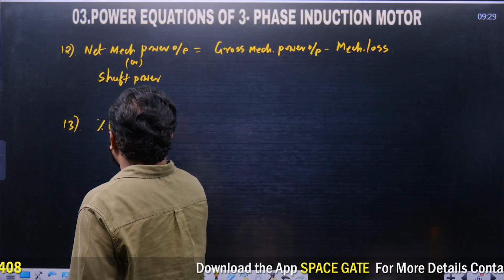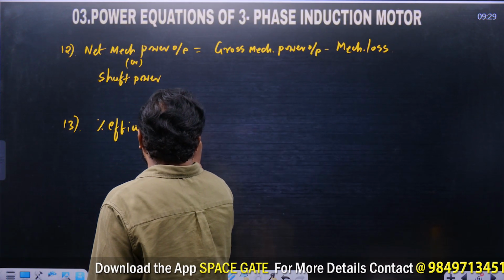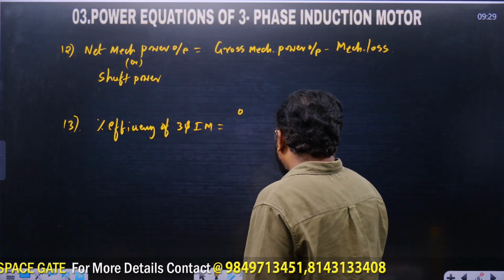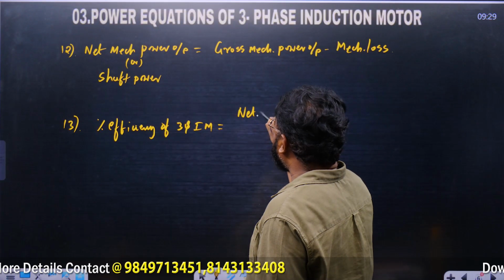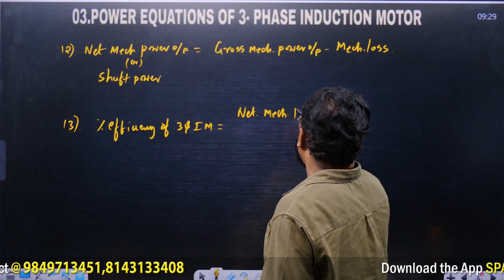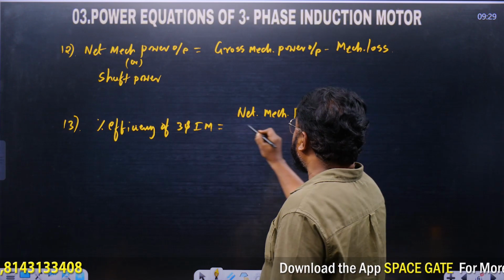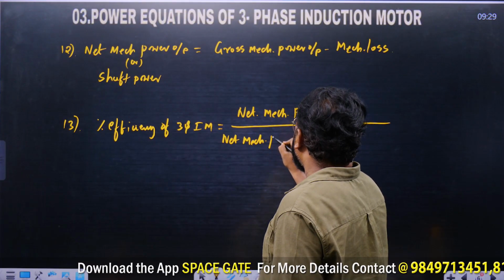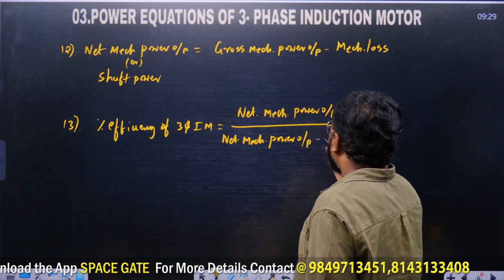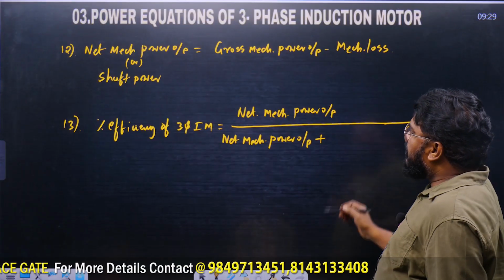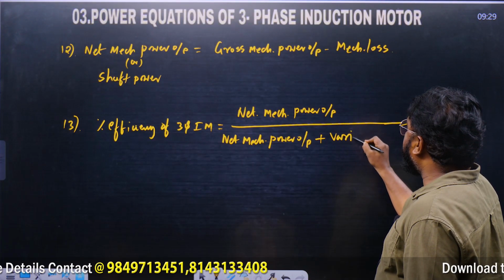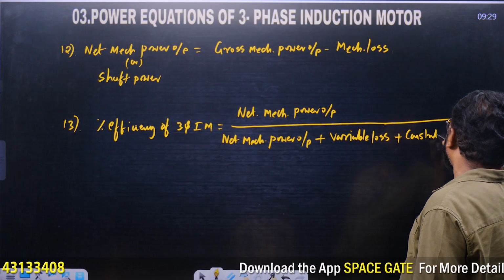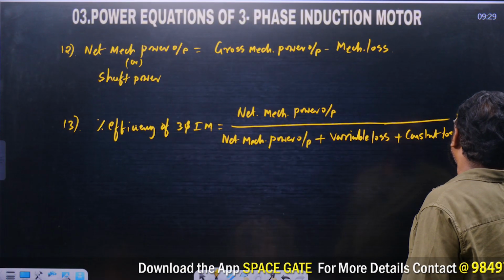Percentage efficiency of the 3-phase induction motor is equal to the output power, which is mentioned on the nameplate, that is the net mechanical power output of the motor, divided by the net mechanical power output plus the variable losses plus the constant losses of the motor, multiplied by 100.